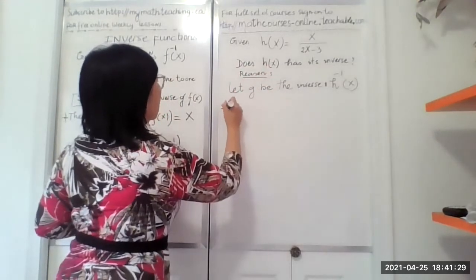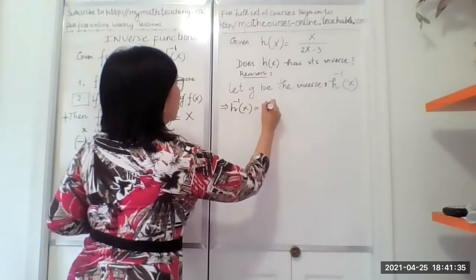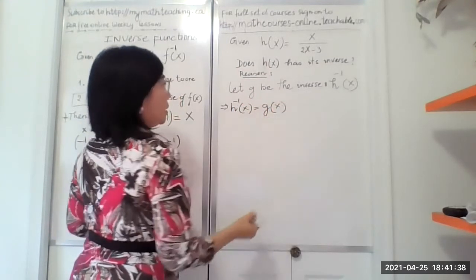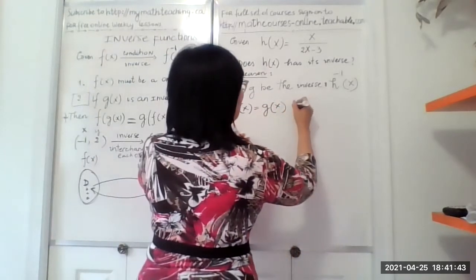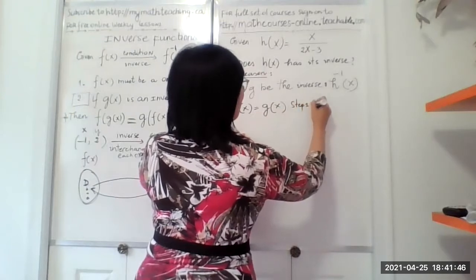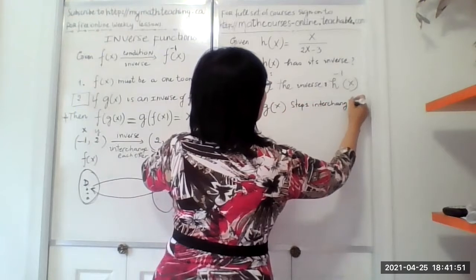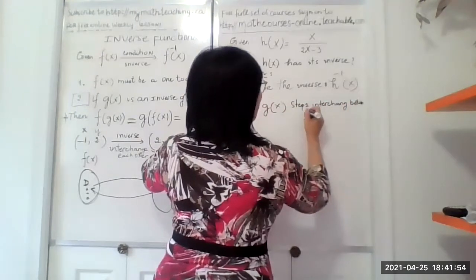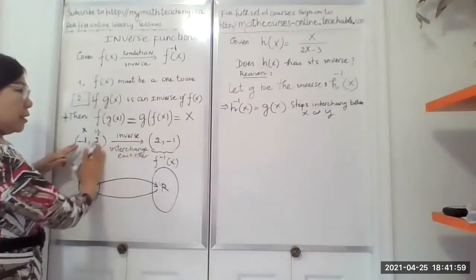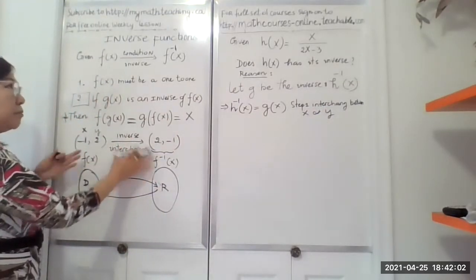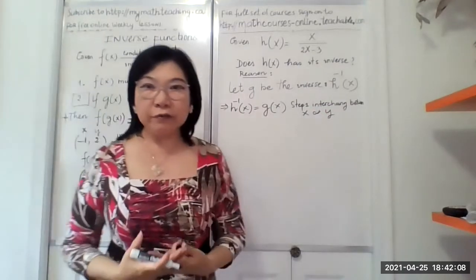So basically, we want to find h minus 1 of x, which we name as g of x. So we want to find that. And to find this, step 1 will be to interchange x and y. Remember, because of this characteristic, we can find an inverse by interchanging the coordinates between x and y, and we solve for a new y function.